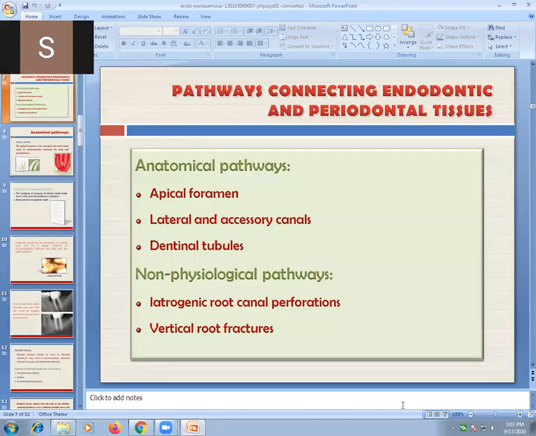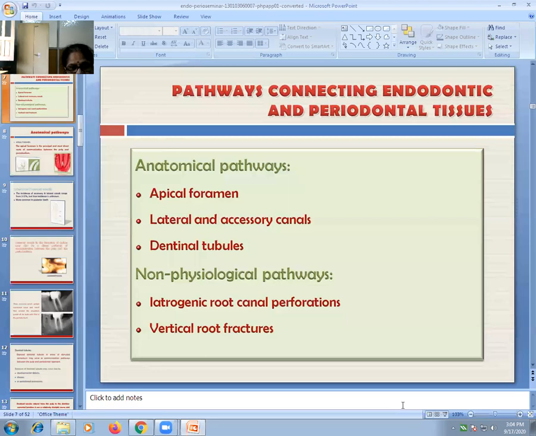The anatomical pathway means that whatever anatomy is there in the tooth, if lesions spread from there, that is called an anatomical pathway. Non-physiological means it is iatrogenic, so it is developed or acquired later. So these are the two pathways.